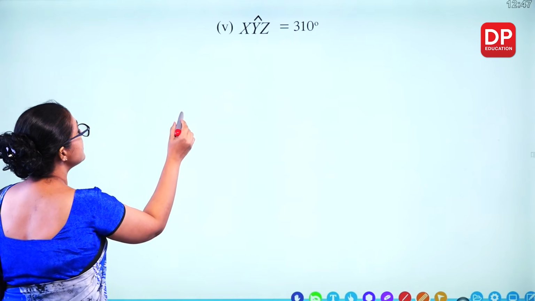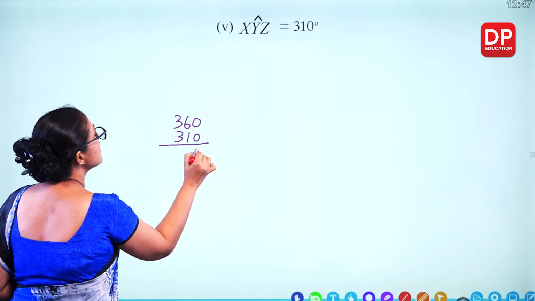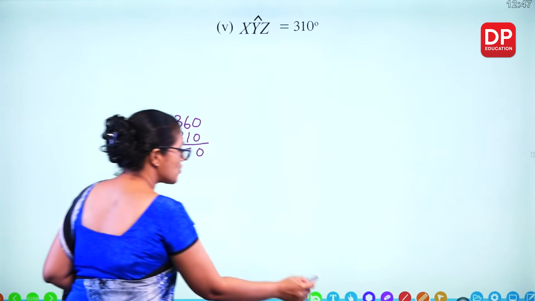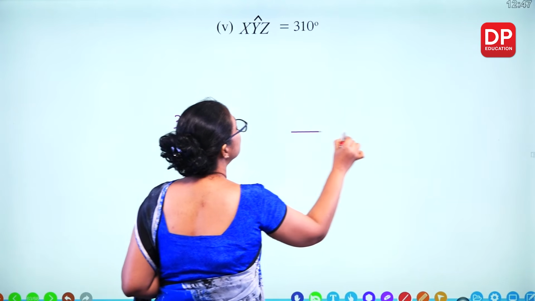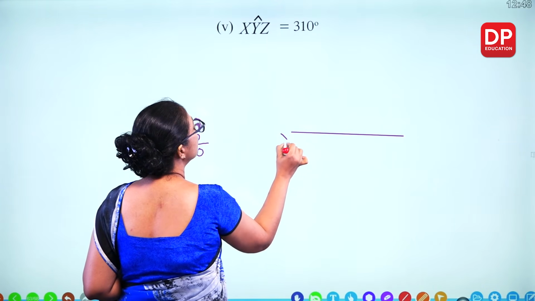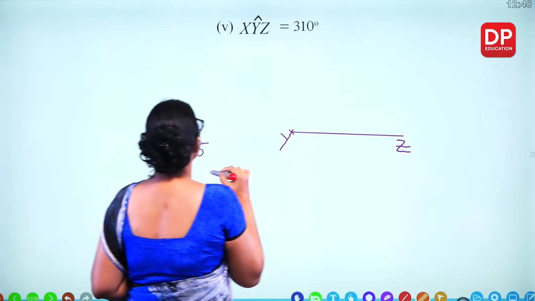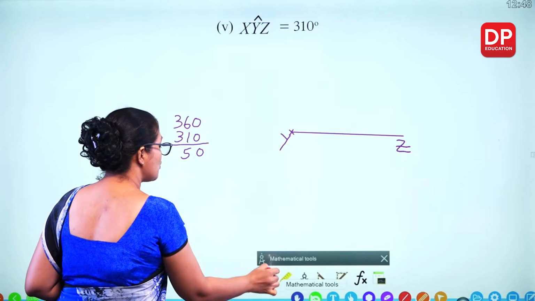XYZ is 310. So 360 minus 310, you get 50 degrees. So take the ruler and mark the point Y, and Z is here. So a 50 degree angle you need to measure.